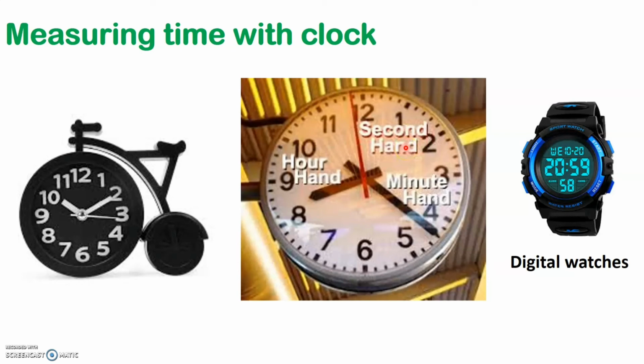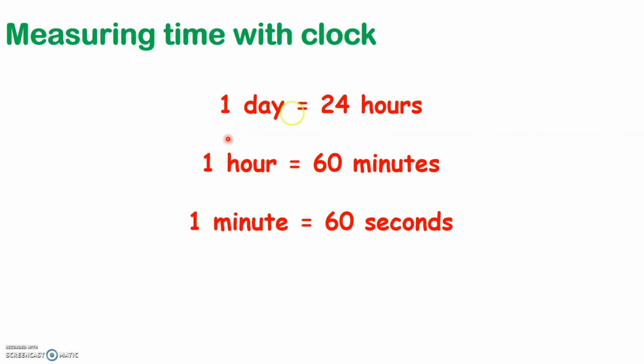Same as all other measurements, there is a relationship between seconds, minutes, hours, and a day. We will now see what is the relation between a day, hour, minute, and second.